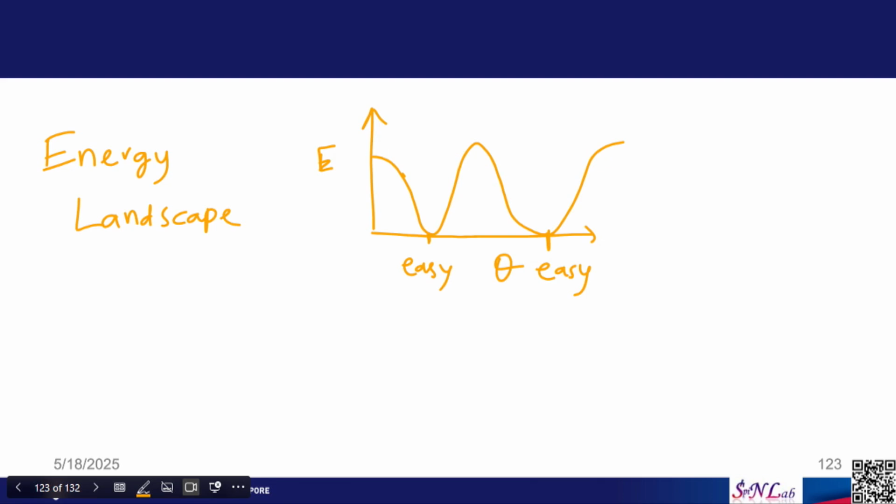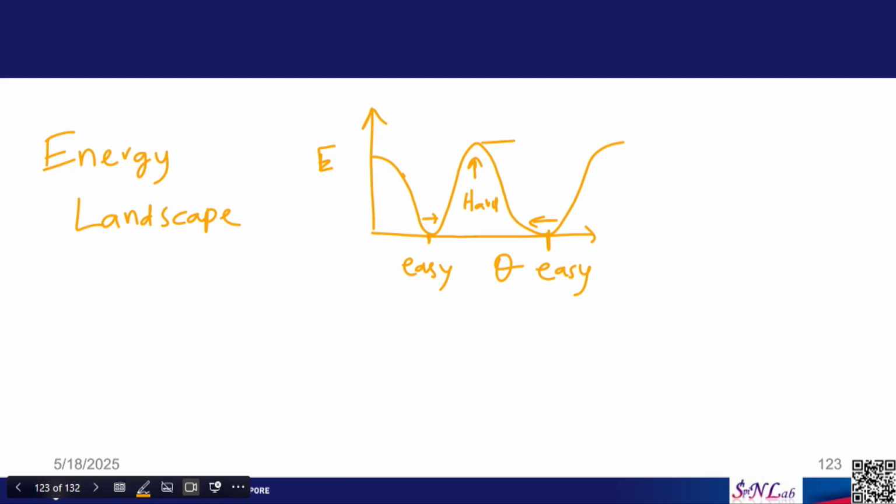The energy will be minima when the magnetization is along the easy directions. On the other hand, for any other direction, energy will be high, and along the hard direction, energy is the highest.